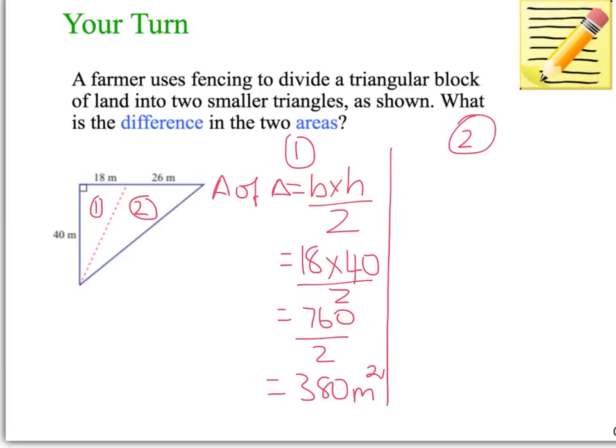Now we need to work out area 2. Area of a triangle equals 26 times 40.